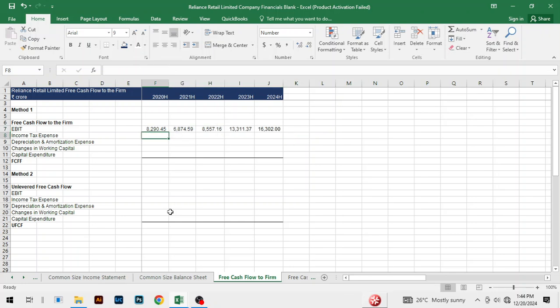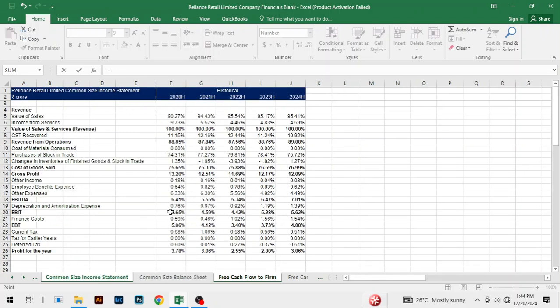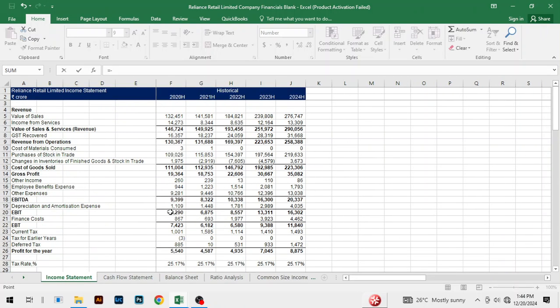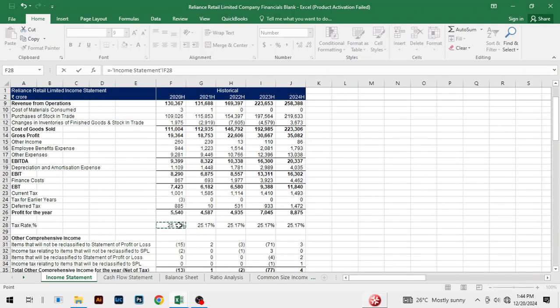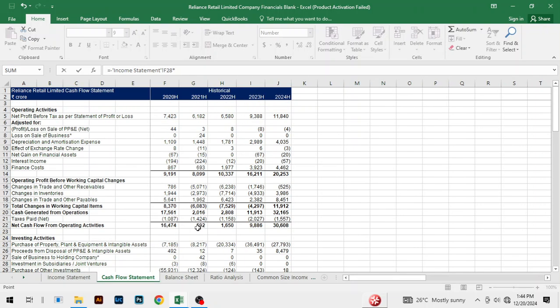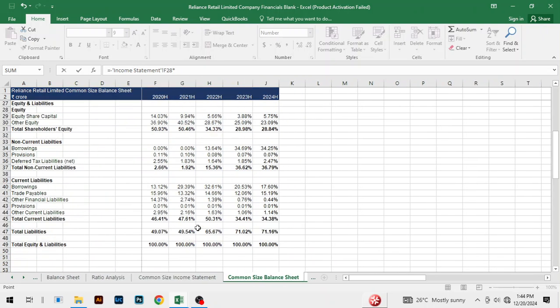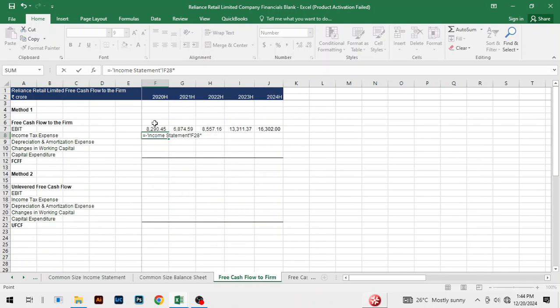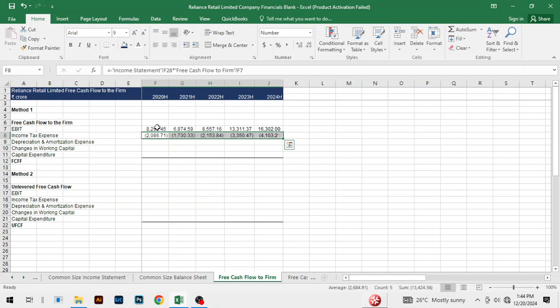And then we have to act like we are paying taxes on this. So the corporate tax is 25.17 here. So we go back here, we multiply that by here, perfect, and then we copy that right through.